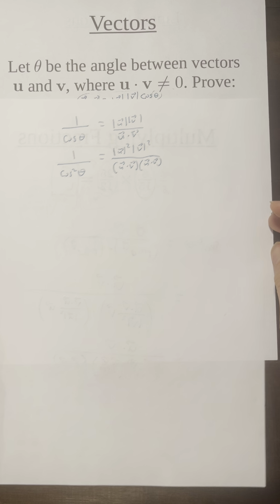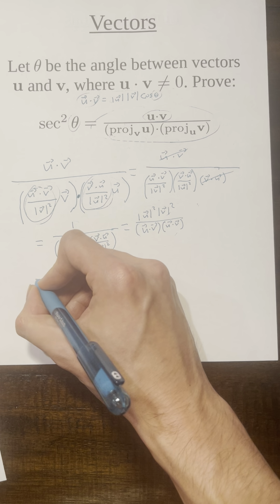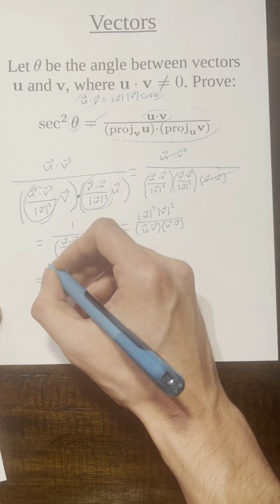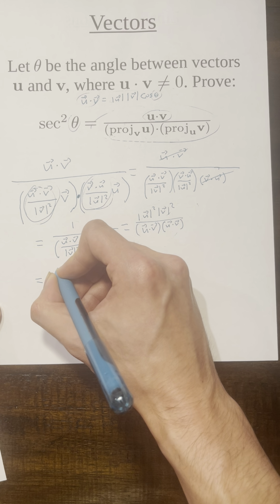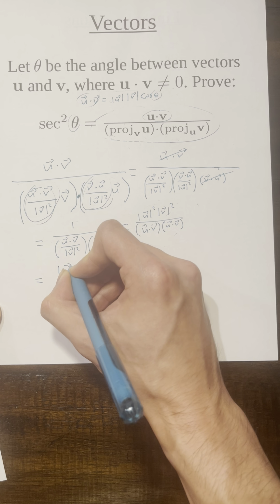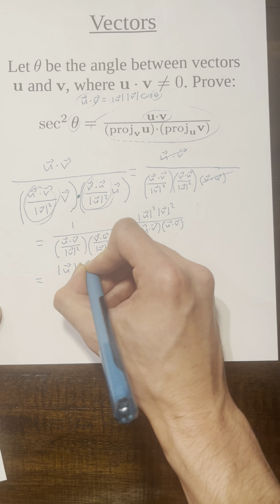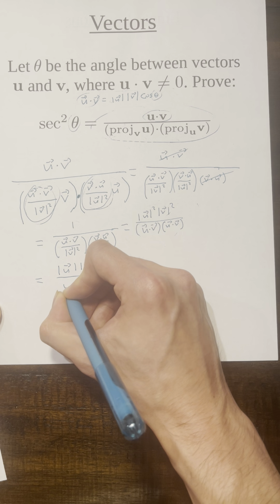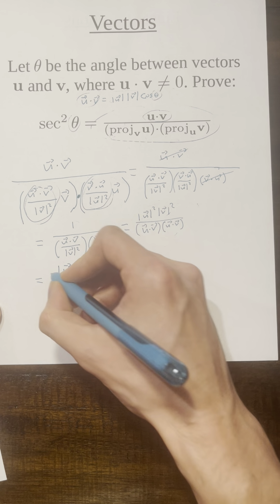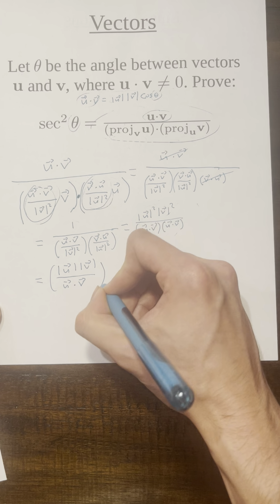Okay, so I'm just going to finish off the proof by writing it as this. Okay, so it's going to be this whole thing squared.